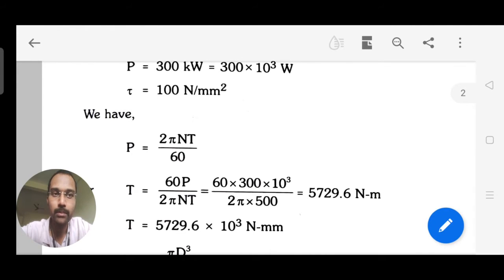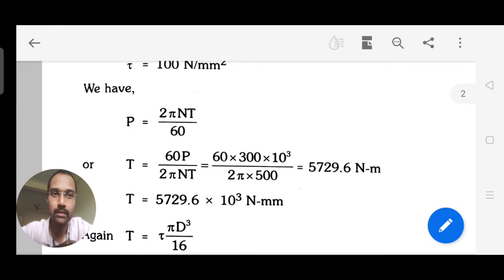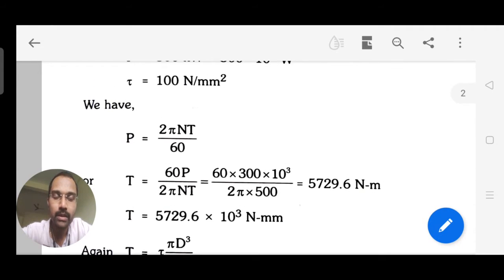you can simplify that. First we try to find the torque, because we know the formula. Based on strength we have seen the formula for the torque transmitted, equal to tau into pi d cube by 16. From that we can derive the diameter d of the shaft.